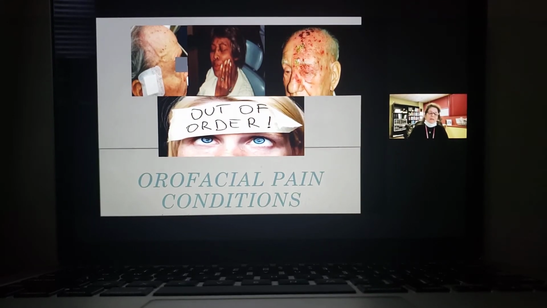Many times it has been documented in the literature that they've been treated as TMD, they've been misdiagnosed as TMD, and in fact there are other orofacial pain conditions that you have to be aware of.